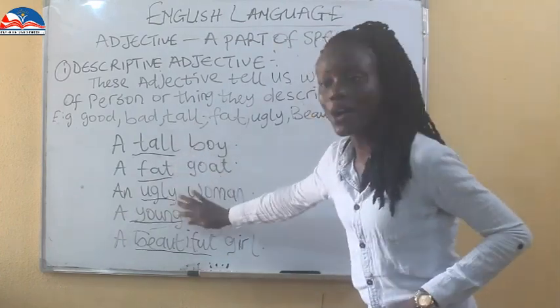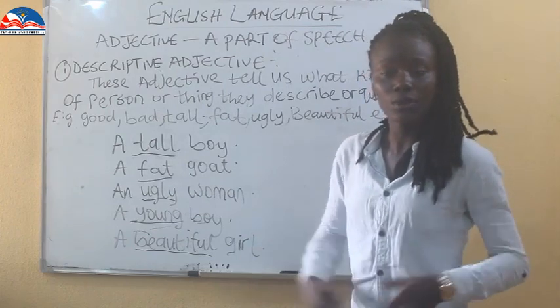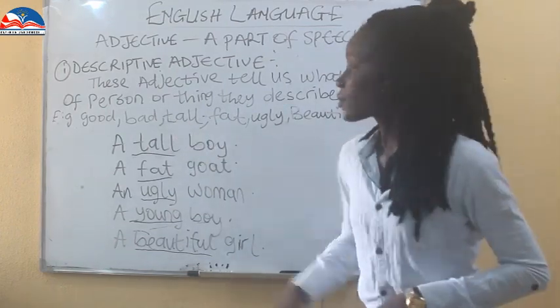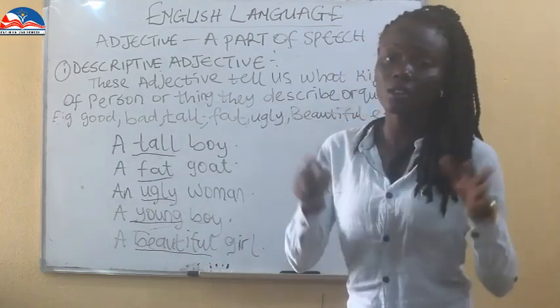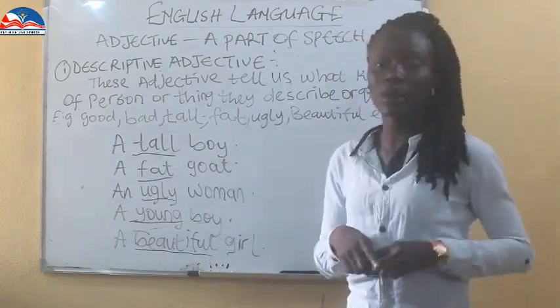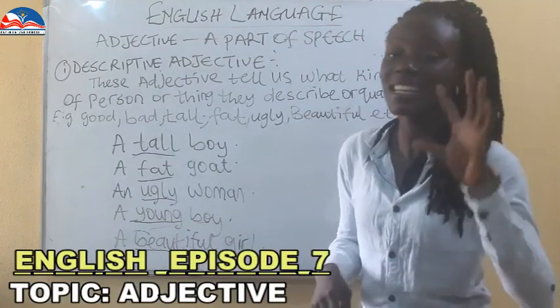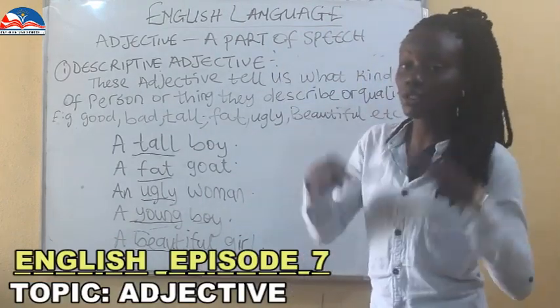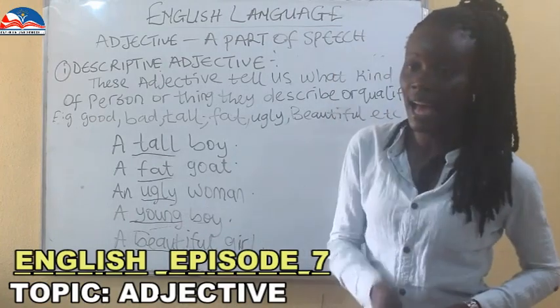Tall, fat, ugly, young, and beautiful are descriptive adjectives describing to us about a person or a thing. And know that the person or thing they're talking about is a noun. An adjective tells us more about a noun or a pronoun.